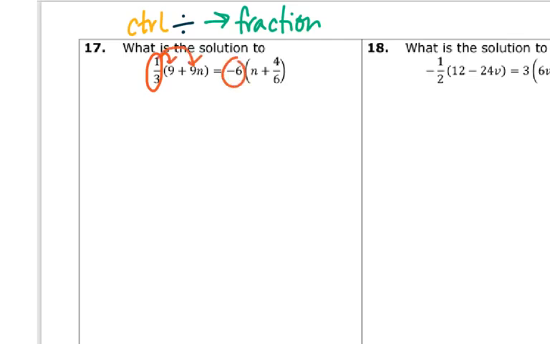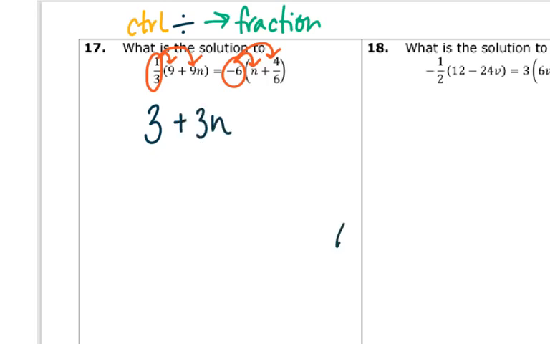Just like we did in the earlier questions in the review, we always solve by getting rid of parentheses first. So if you pressed Control Divide and you typed in a 1/3, then you can right click and multiply times 9. It would give you the number 3. Then again, Control Divide 1/3 times 9 is another 3.